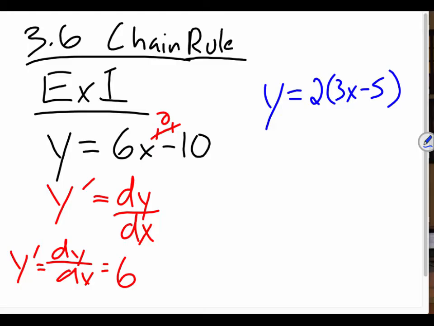What if I let u equal 3x minus 5? Well, then I could rewrite my function as y equals 2u. Right? Could I do that? Yes.